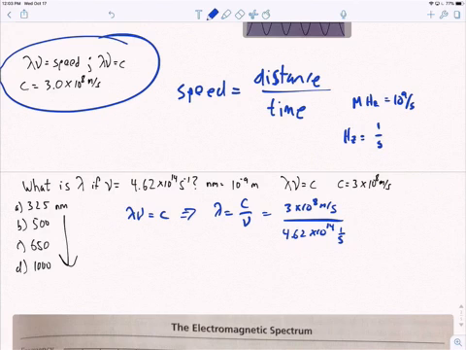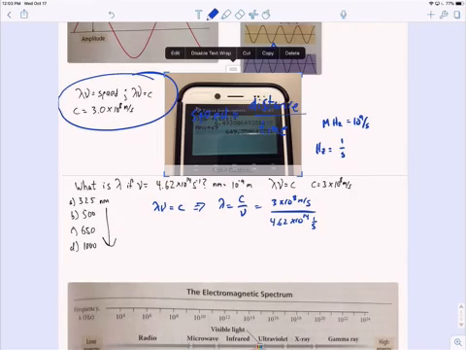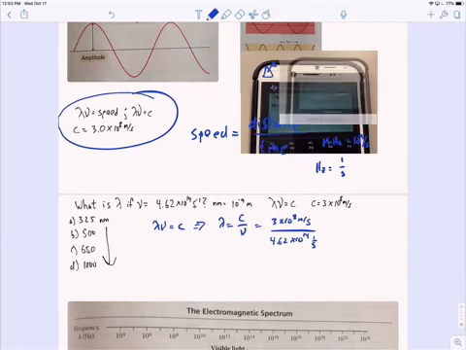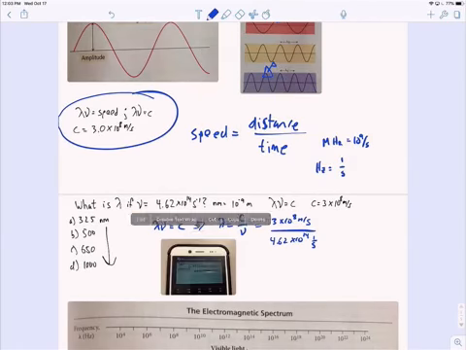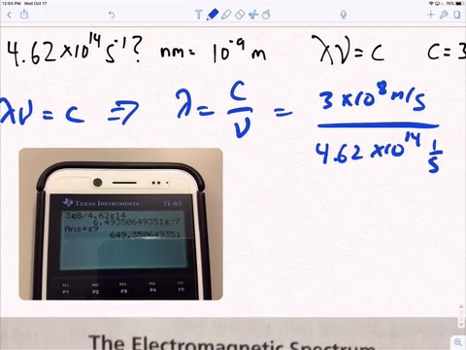All right, so let me put this in my calculator. 3E8 divided by 4.62E14. So this is where you really need to use the EE function, at least on my calculators.